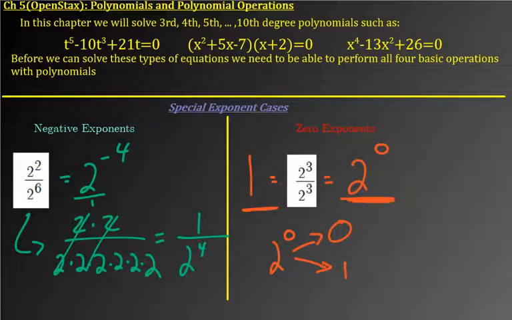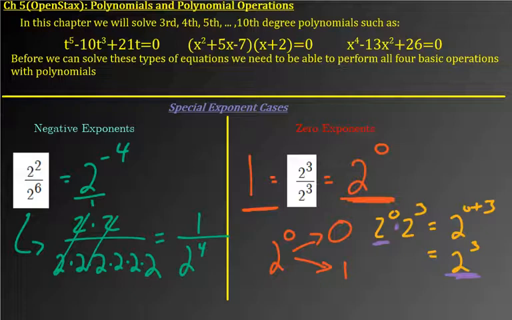One really quick thing that I'll just say. If we have 2 to the 0 times 2 cubed, we talked about how we add exponents, right? So this would be the same as 2 to the 0 plus 3, which is 2 cubed. And if you think about it, we're multiplying something by 2 cubed, and we're getting 2 cubed.